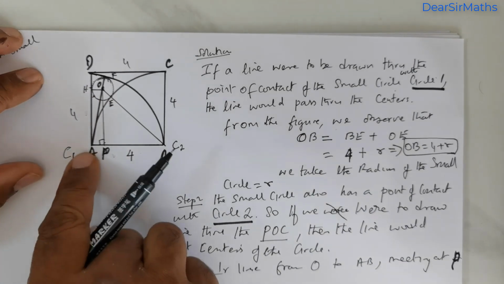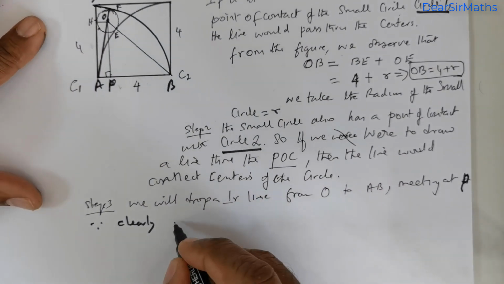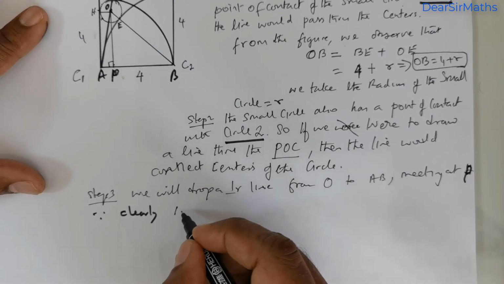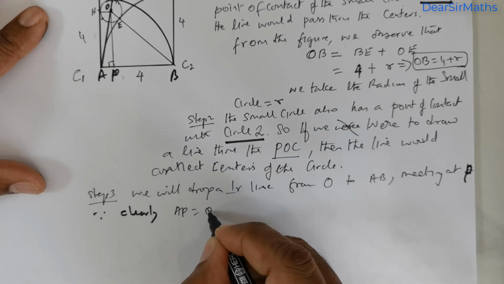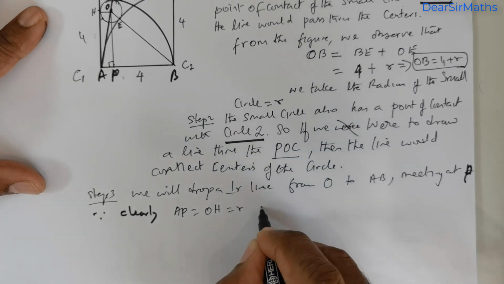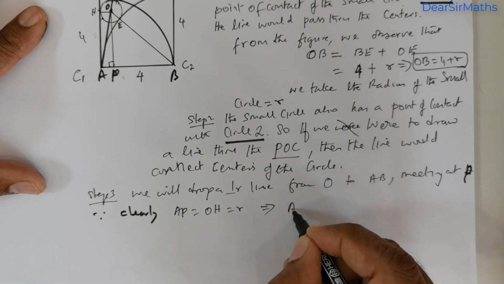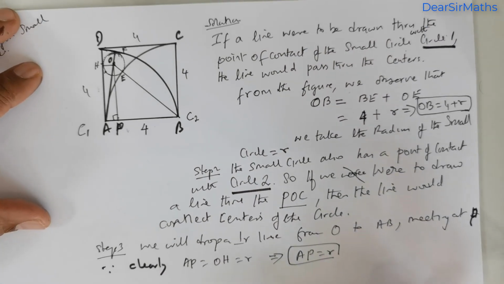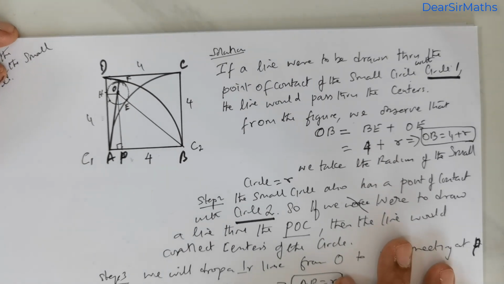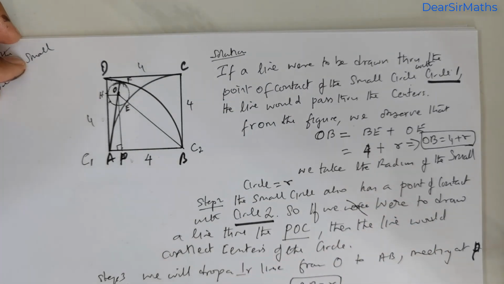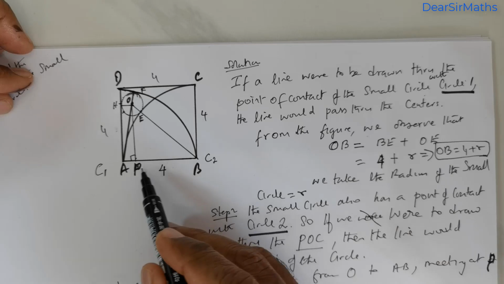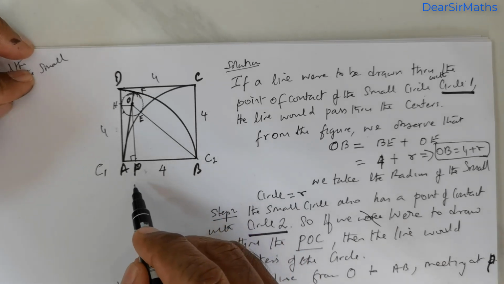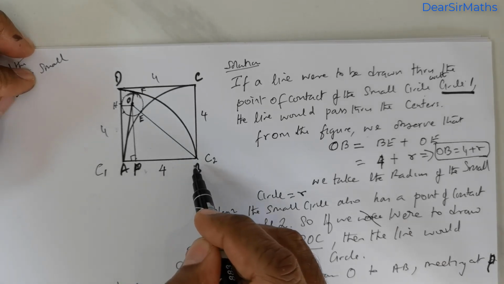OH and AP will be one and the same. So clearly I'm going to write it here: AP is equal to OH is equal to R. This would mean my AP is equal to R. So that's one point. Now what I wish to do is, you can clearly see there are two right angles. Okay, so first I will consider PBO.